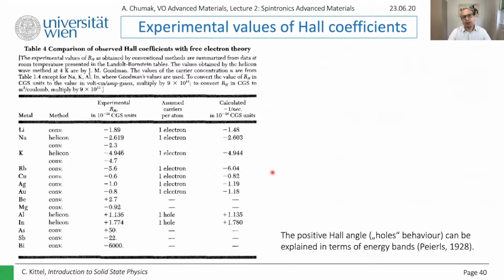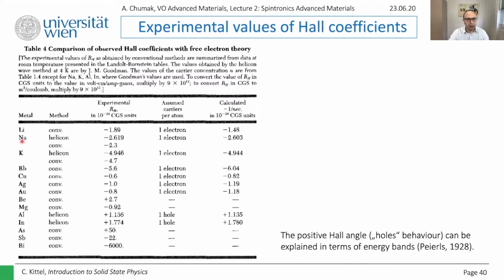And in this slide, I would like to show you this table taken from the Kittel solid state physics book, which describes the values of the Hall coefficient, experimental and calculated, in CGS units, 10 to the power minus 24, for a selection of materials.